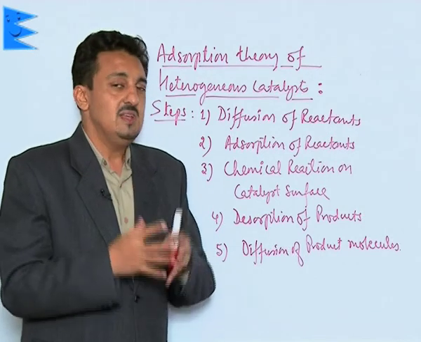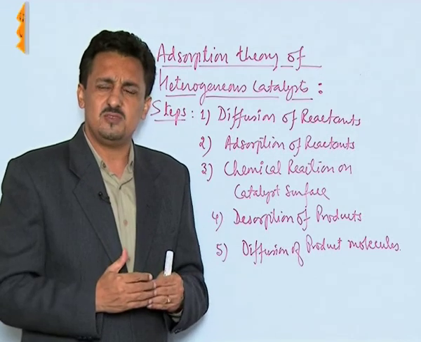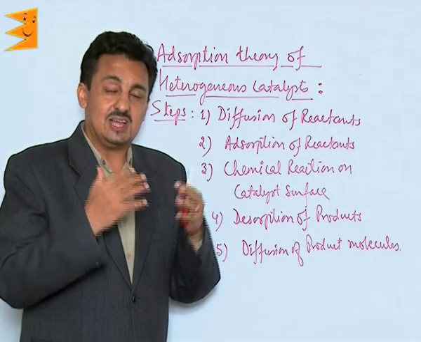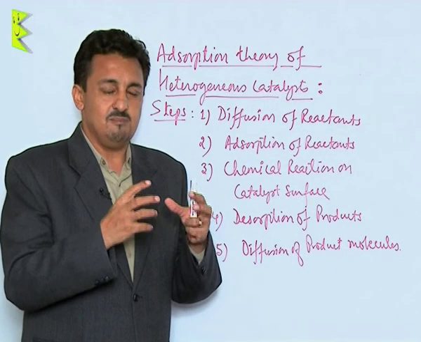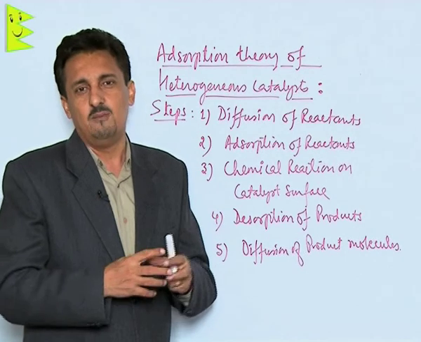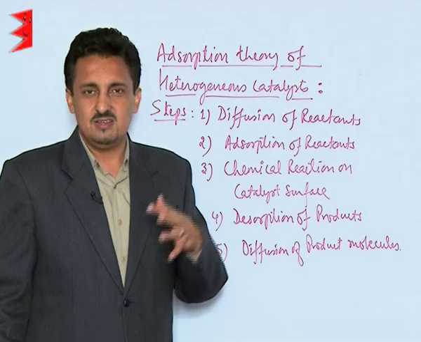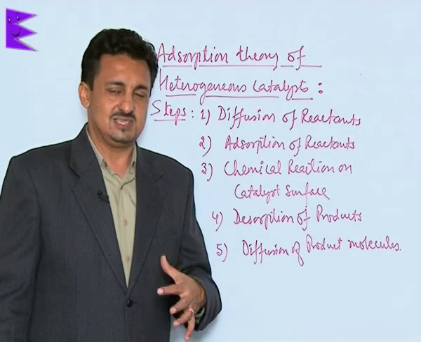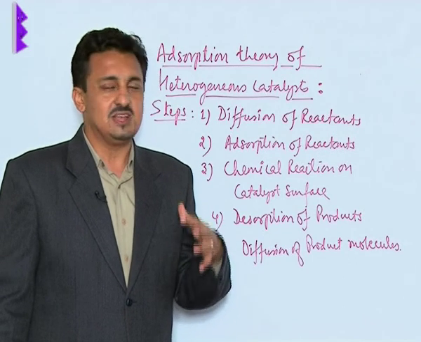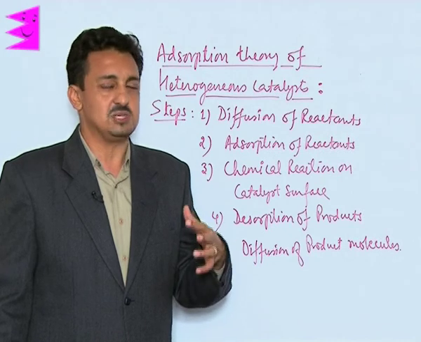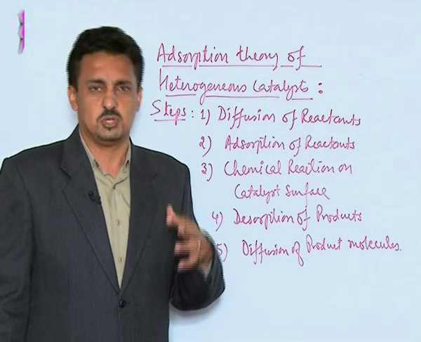That means they adsorb reactant molecules on their surfaces, and reaction intermediate compounds are also formed during this process. So both adsorption of reactant on their surface as well as formation of intermediate compounds take place in the case of heterogeneous catalysis also.